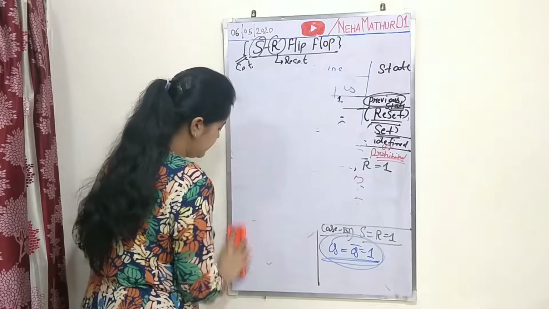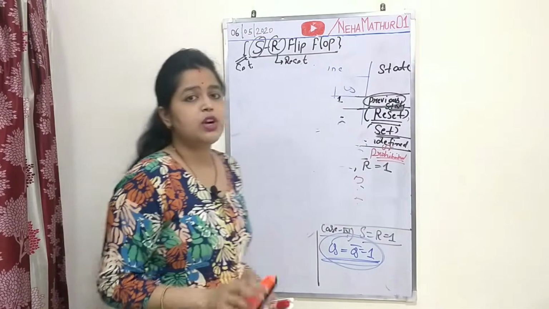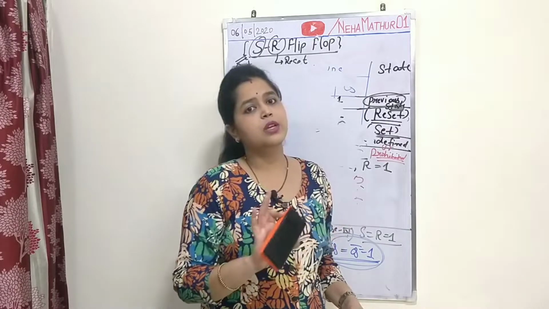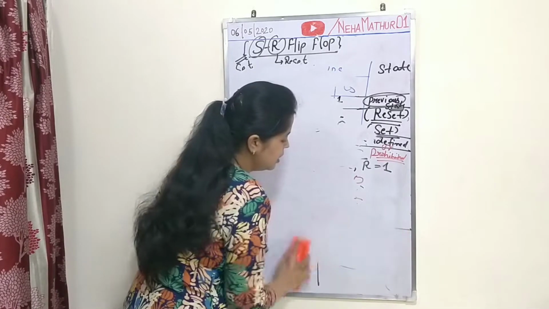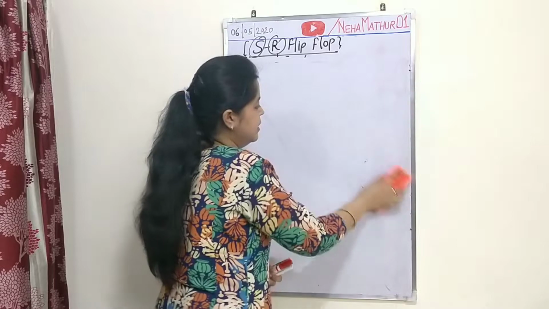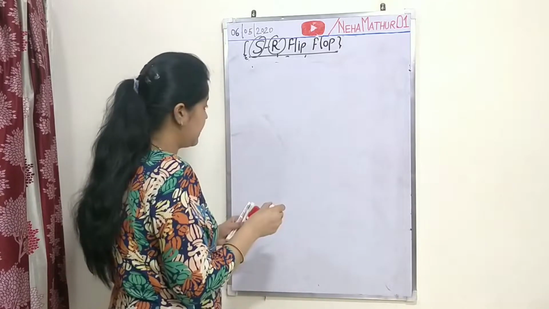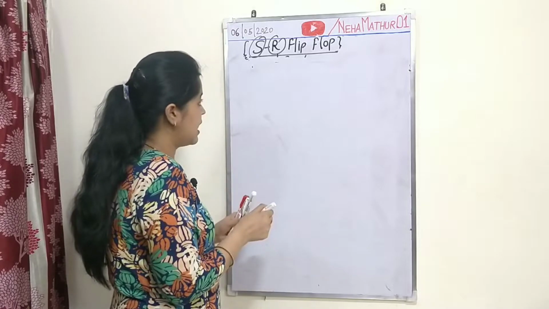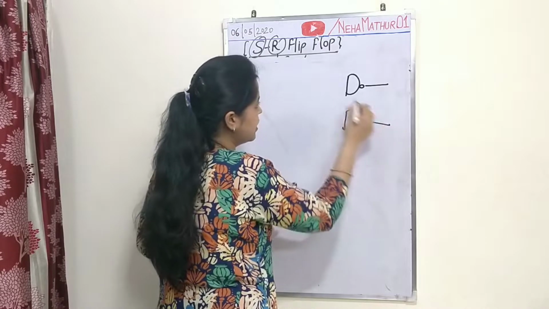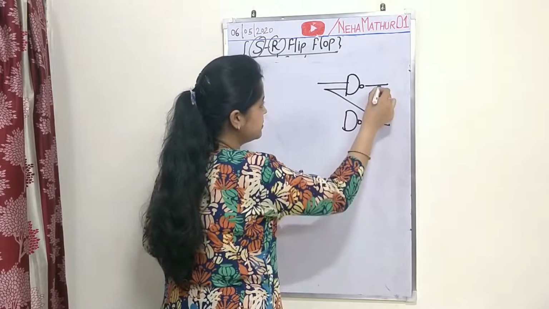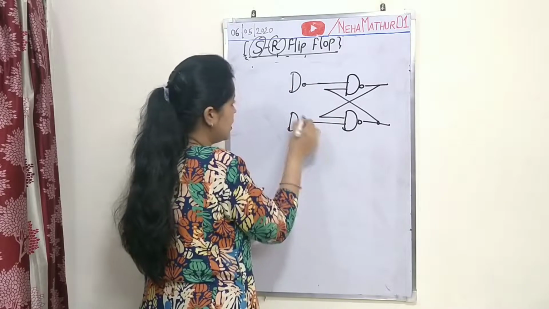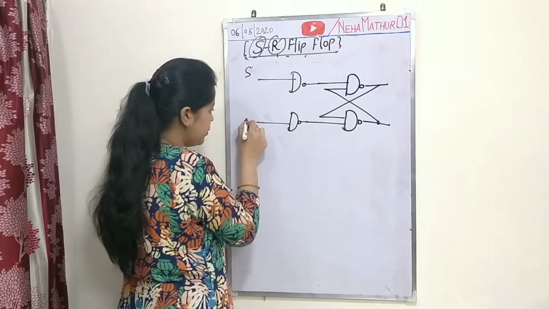Always remember that any sequential circuit works with one switch, which is said to be the clock. Now, your SR flip-flop looks like this: two back gates in a cross coupling structure, and two front gates with direct application of the inputs.